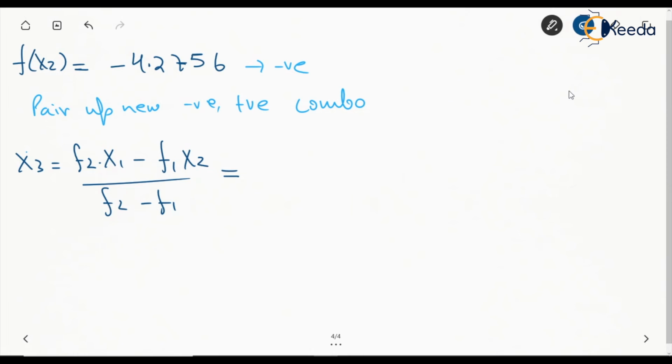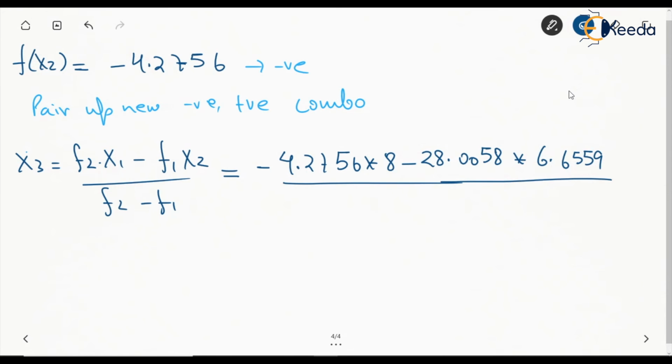So this will come: minus 4.2756 into x1, which is 8, minus f1, which is 28.0058 into x2, which is 6.6559, divided by f of 2, which is minus 4.2756, minus f of 8, which is minus 28.0058.